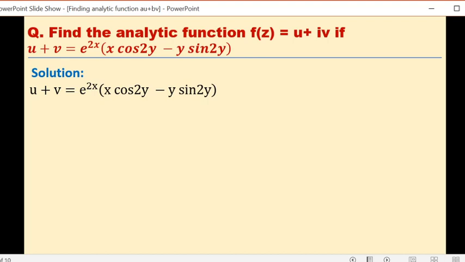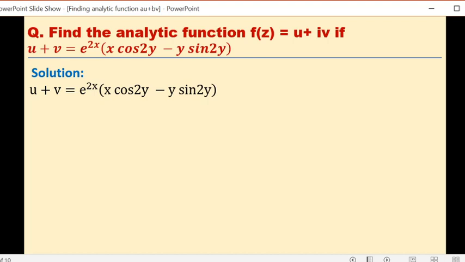Then again in the same given statement 1, we differentiate it with respect to y. Using Cauchy-Riemann equations, we convert uy and vy into ux and vx, and then we make the substitution ux equal to phi 1, vx equal to phi 2, x equal to z, y equal to 0. Whatever we get, we call that as equation number 3.